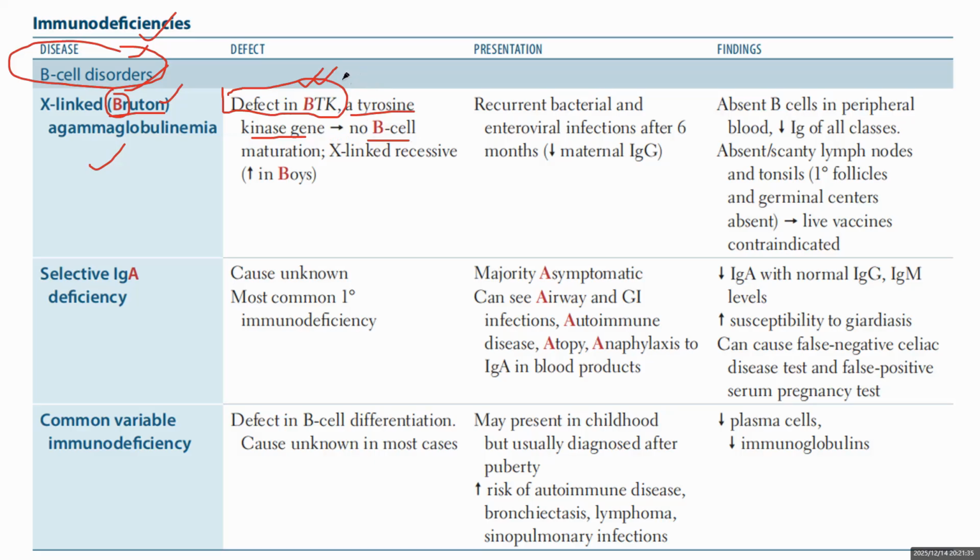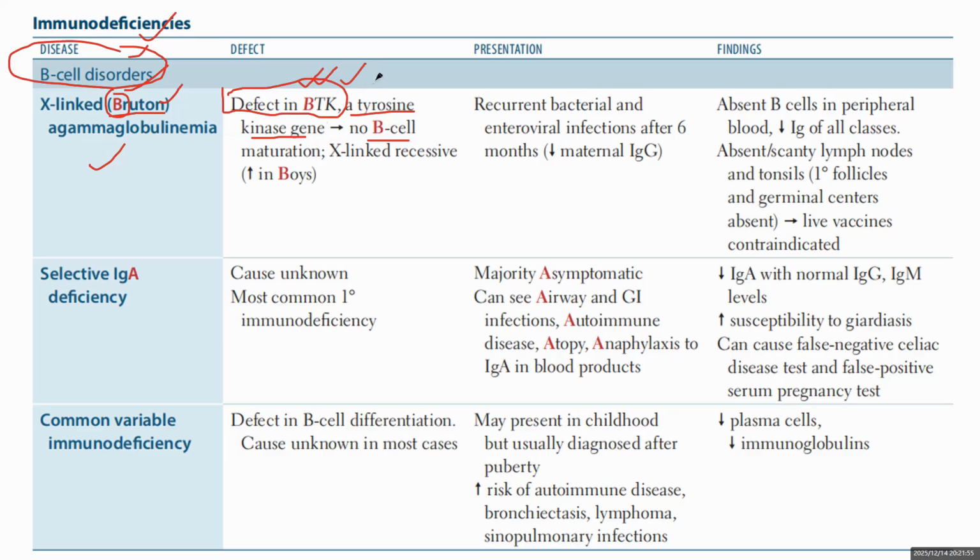So if the BTK gene doesn't work, the B cells just stop developing in the bone marrow and never reach the circulation, and that means no plasma cells and no antibodies. You have to remember this fact.